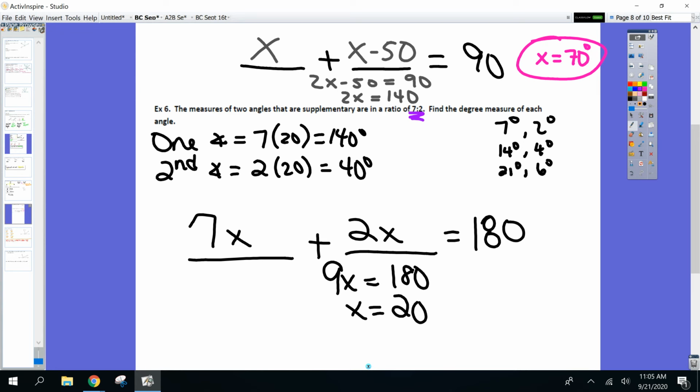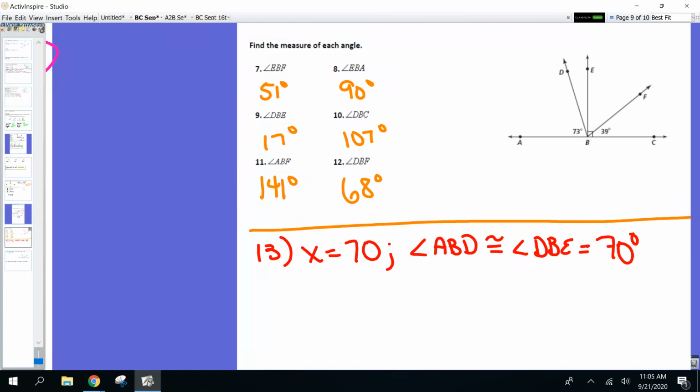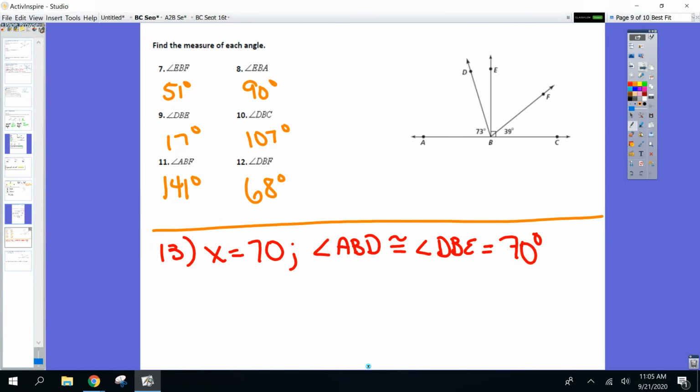Okay, you guys are on your own for the next set. I'll have the answers up on the board so you can check them as you go along. Okay, so you guys are on your own now for the next question. And if you get done with that one before the bell rings, move on to the next question. All right? Make sure you guys check your answers at home as you're doing them. Just don't copy them down.